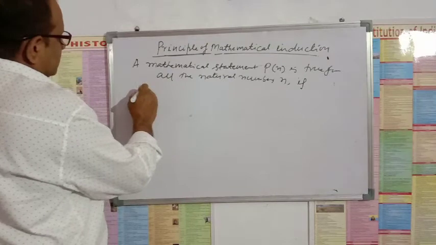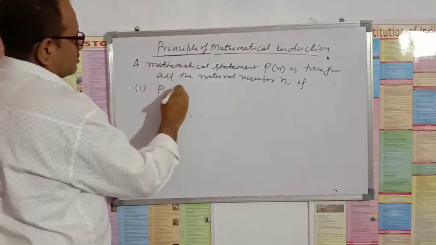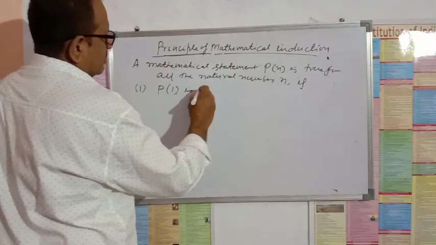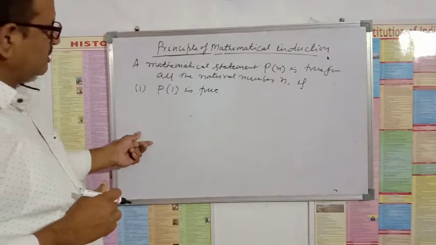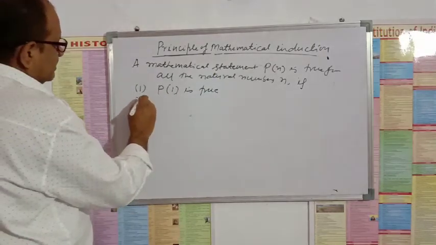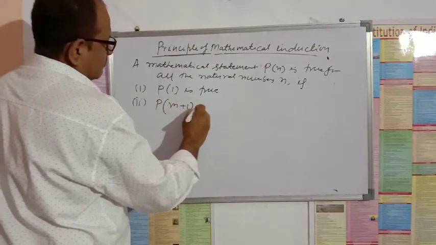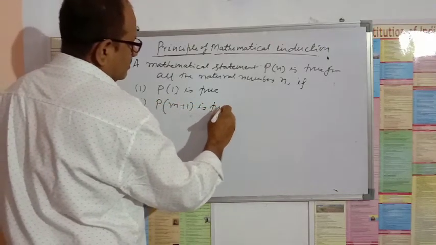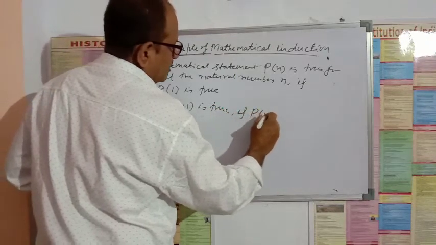First condition: P1 is true. Firstly, we have to check whether P1 is true or not. Second, Pm plus 1 is true if Pm is true.